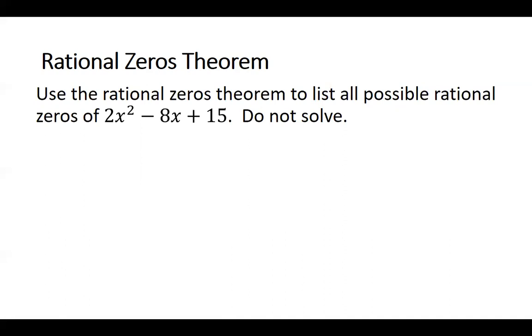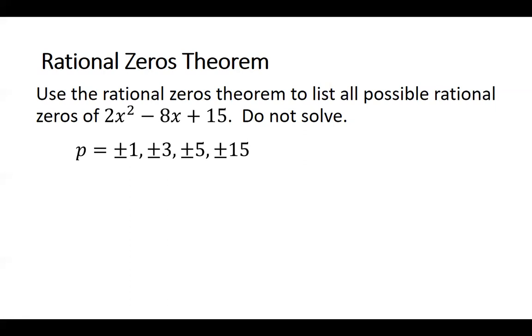So 15 has 1, 3, 5, and 15. And don't forget that those numbers could be positive or negative. So p can be equal to plus or minus 1, plus or minus 3, plus or minus 5, or plus or minus 15. For q, I'm going to look at the leading term, that 2, and factor it.